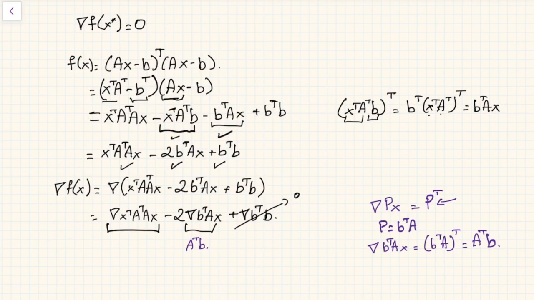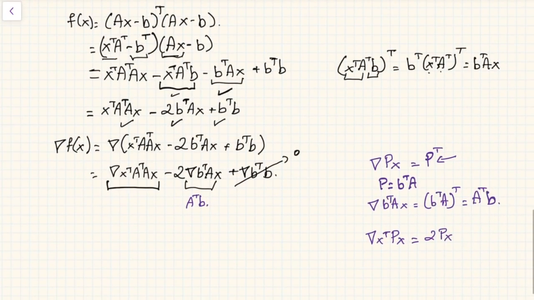Now, going to the quadratic term, we're going to apply the gradient of x transpose Px is, given that P is symmetric, of course, this is applied for symmetric P, 2Px. Now, in the case where P is non-symmetric, I think the formula would be this.